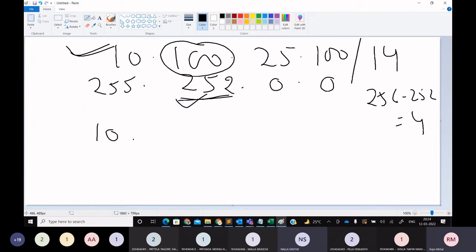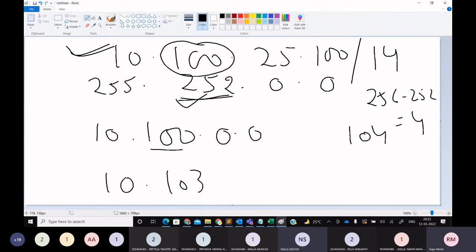Somewhere 80 will come, 84, 88, 92, 96 and 100 will come. So this will become the network address. And since 100 has come here, the next will be 104, minus 1 comes here, so this will become 103.255. 100 to 103, in between. Exactly. So this is your network address and this is your broadcast address.